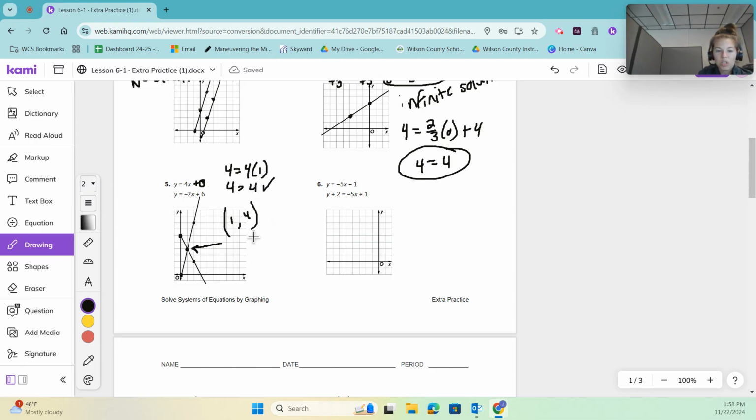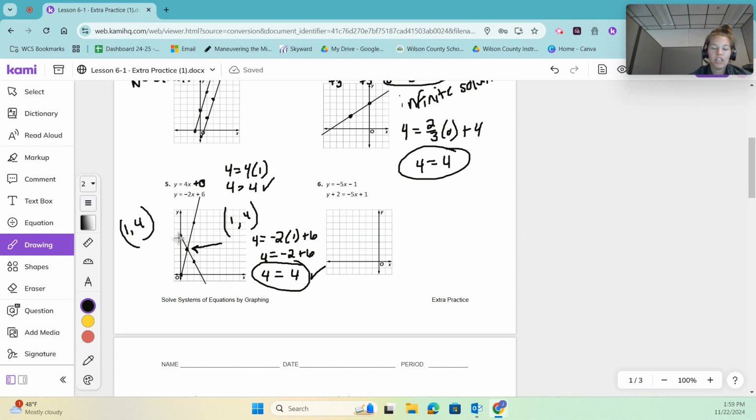And if I substitute this into my second equation, negative 2 times x, which is 1, plus 6, I get negative 2 plus 6 is positive 4, equals 4. So that also makes this one true. This ordered pair, 1 as your x, 4 as your y, makes both equations true. So that is the solution: 1, 4.